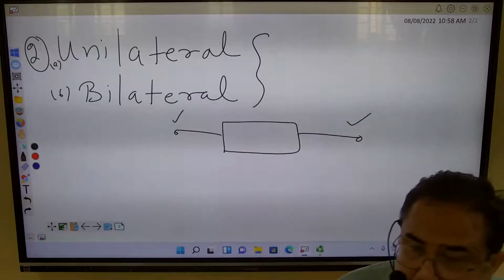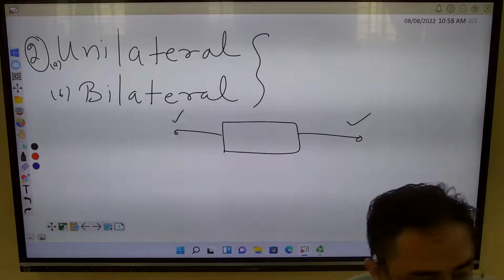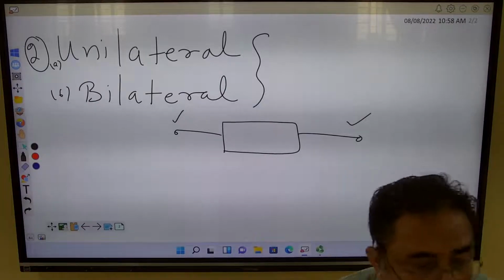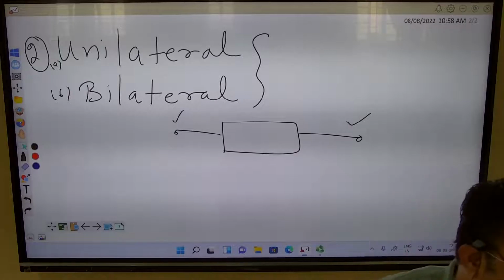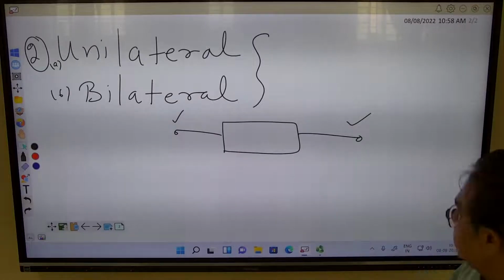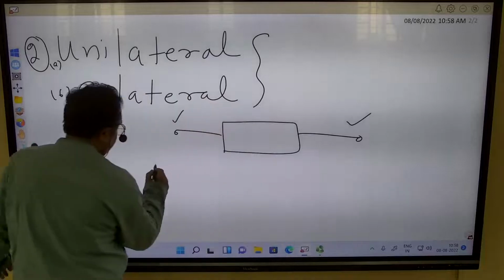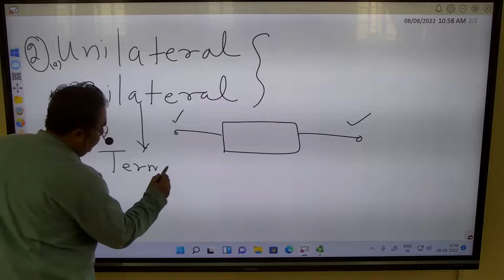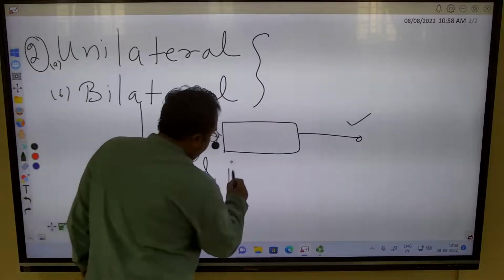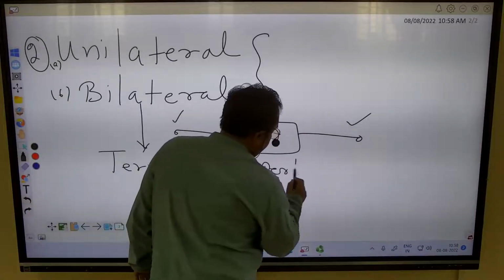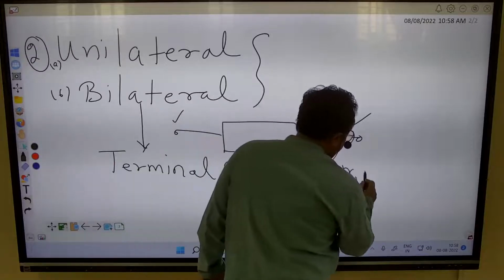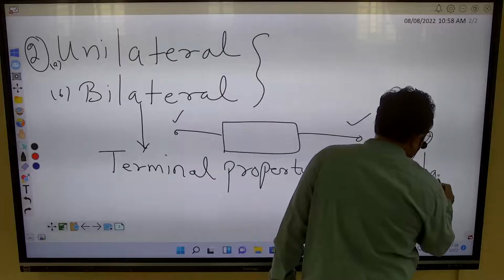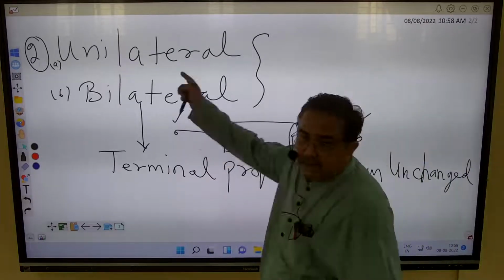And if the terminal property changed by changing the polarity, okay, then device is called unilateral. Now let us take example. I take example of resistor. So what is terminal property? Terminal property remain unchanged in bilateral elements.